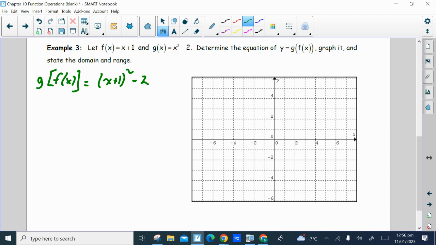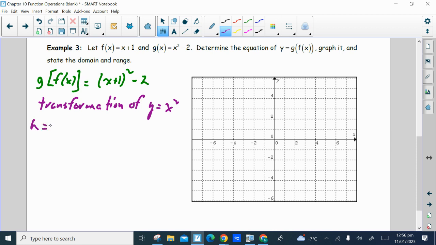And if you remember when we talked about our transformation stuff, this is a transformation of y equals x squared. It's transformed by an h and a k value.